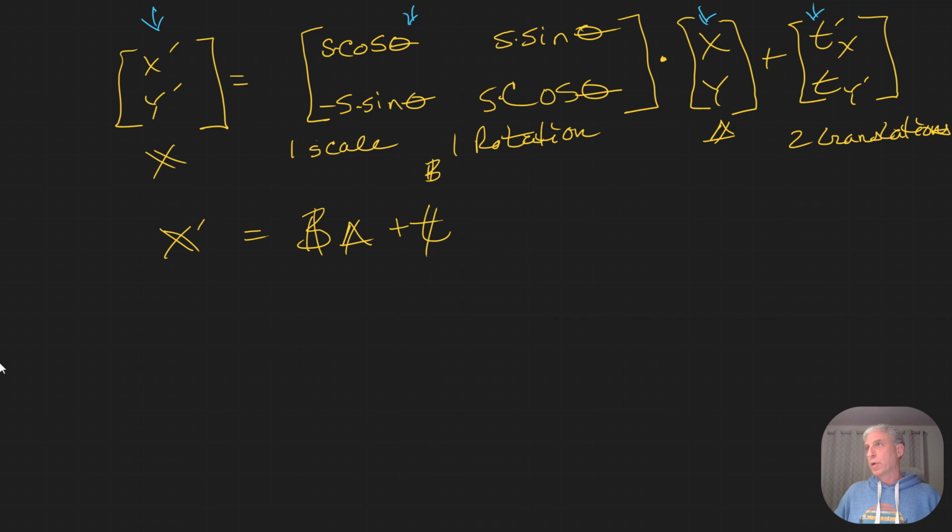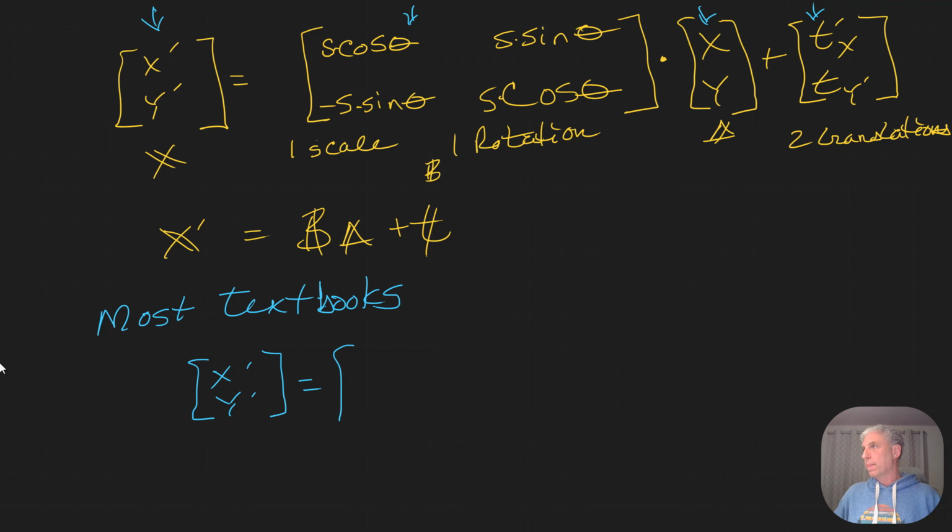So most textbooks, or systems, methodologies, if you see them on paper, are going to use x, y prime, just like we have, equals a, minus b, b, a, times x, y, plus c, d.